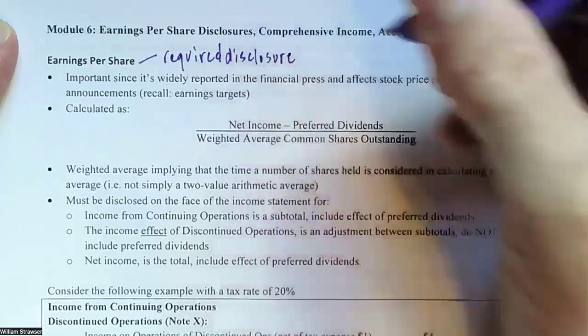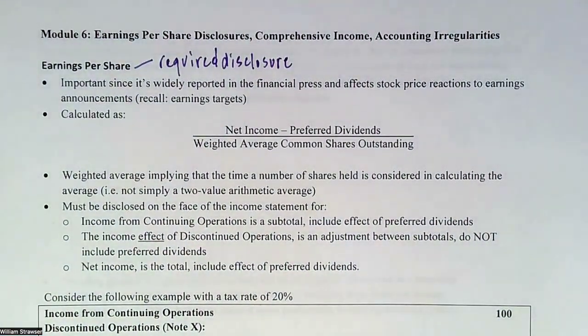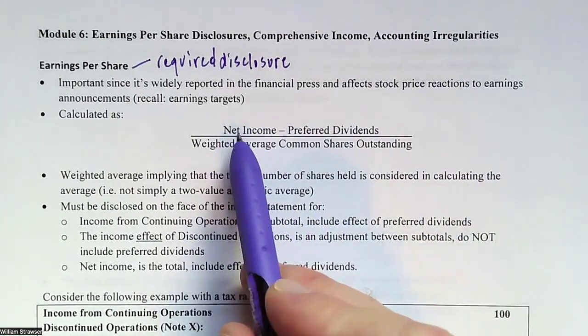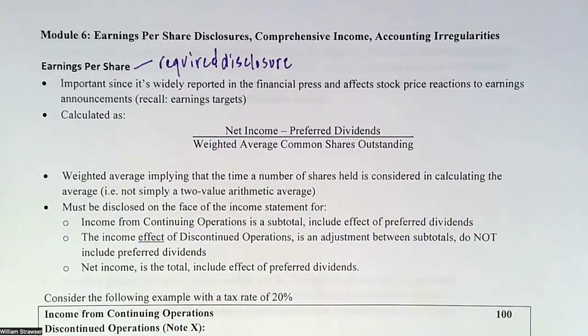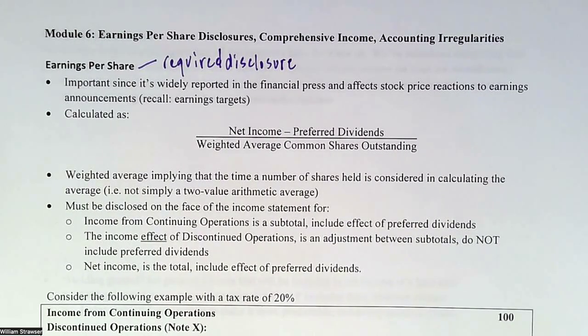What we're trying to get with the earnings per share disclosure is an assessment. It's not a perfect absolute truth, but it's an idea of how much of the current period's earnings, or net income, is able to be paid to each common shareholder.